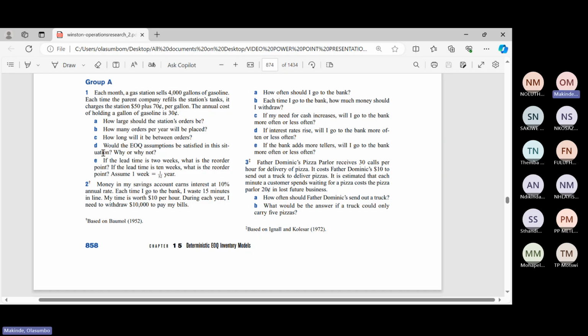So here they are saying, would the EOQ assumption be satisfied in this situation? Why or why not? EOQ will be satisfied because they tell you each month, so that means every month the demand is constant, which means that the annual demand will be constant, and all those other assumptions were obeyed. So already you can see from the scenario that the demand is constant.